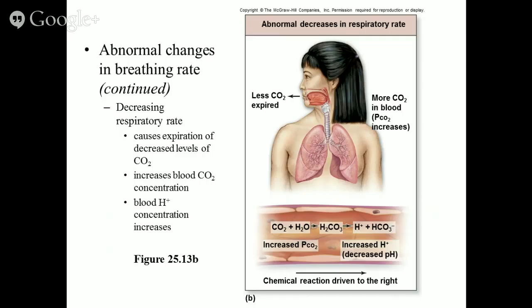And so if I'm not breathing enough, there's less CO2 leaving, there's more CO2 building up in the blood. And so the body says, oh, look, I've got more and more CO2 building up in the blood. So the pH is going to wind up dropping, which means that everything is becoming more acidic.